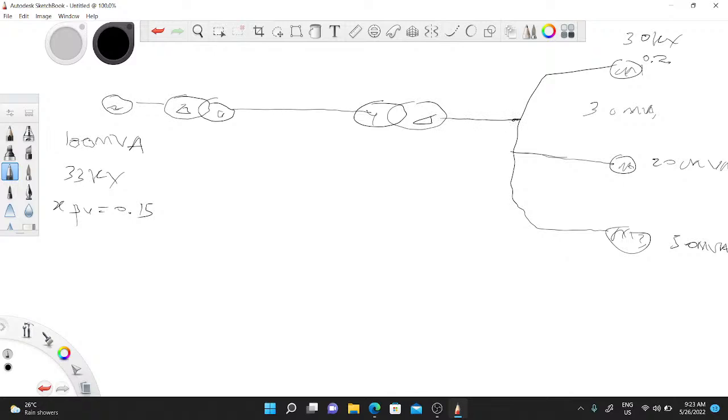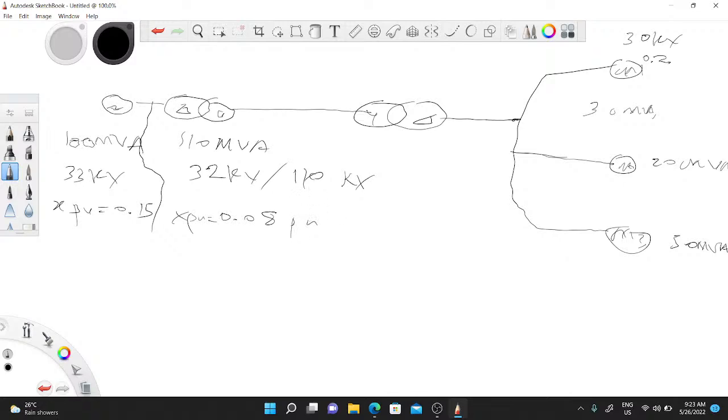So for the transformers, we were given that the three-phase transformers are rated as 110 megavolt amps, 32 kilovolts to 110 kilovolts, with leakage reactance XPU of 0.08 per unit, using the generator rating as the base quantity.